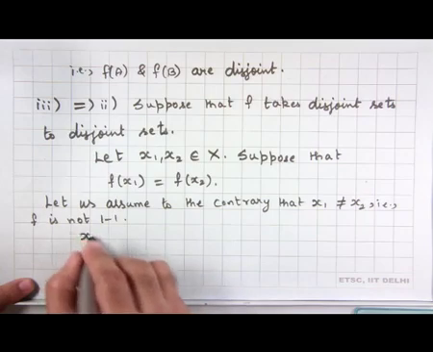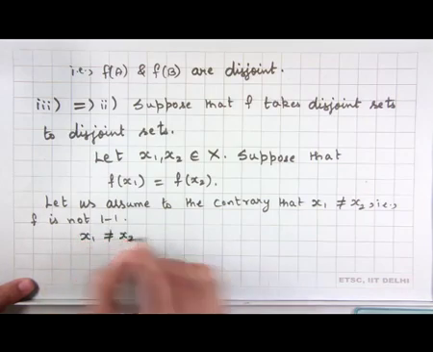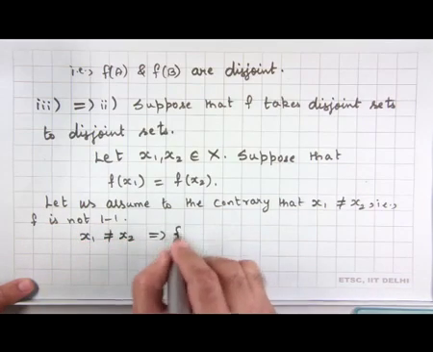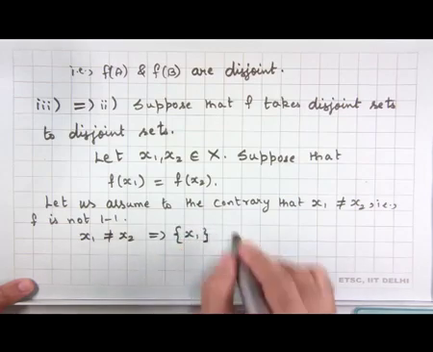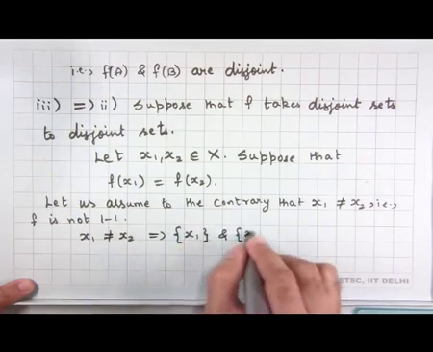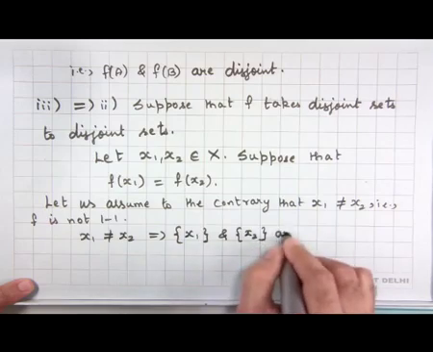So, x 1 not equal to x 2 immediately says that the two singleton sets, singleton x 1 and singleton x 2, are disjoint.